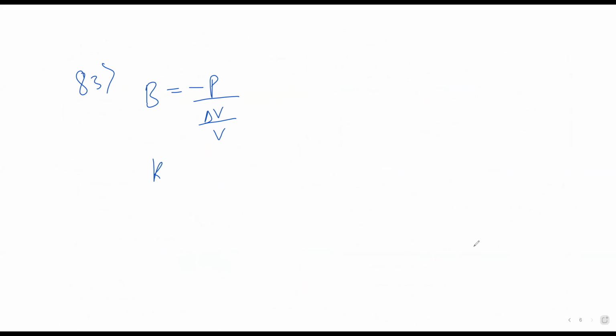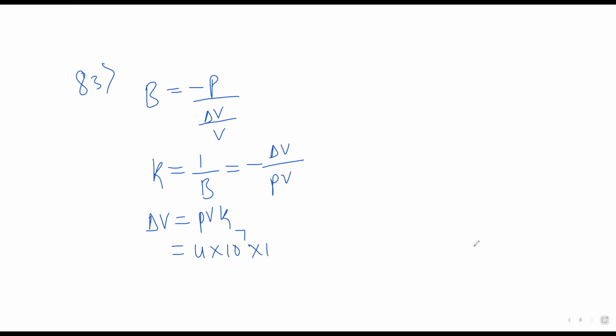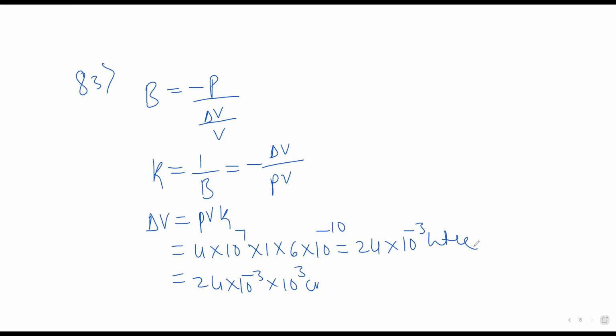Compressibility is given by K is equal to 1 by B, which is equal to minus delta V by P into V. So the decrease in volume is delta V is equal to P V into K. Substituting the known values, 4 into 10 to the power of 7, 1, and 6 into 10 to the power of minus 10, we get 24 into 10 to the power of minus 3 liter, or 24 cc.